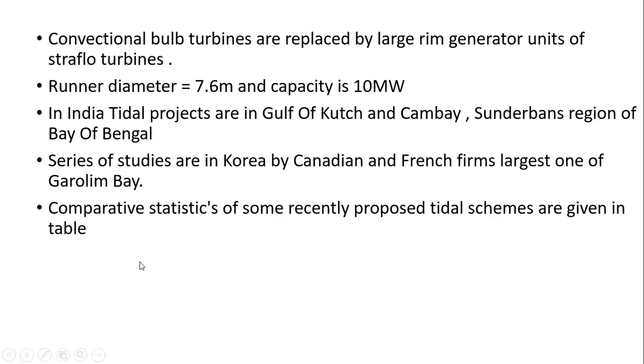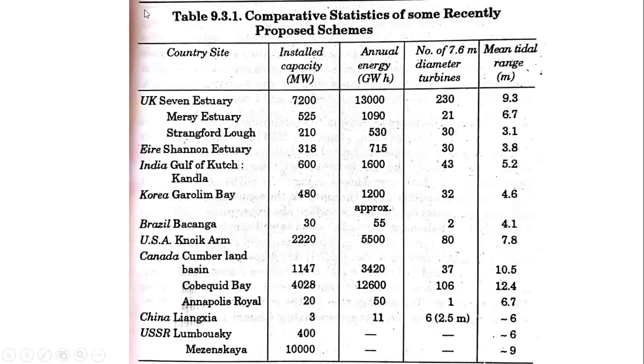We can see here the comparative statistics of some recently proposed schemes. These are the country and site locations, the installed capacity, the annual energy it is giving, how many 7.6 meter diameter turbines it has, and the mean tidal range at these locations.